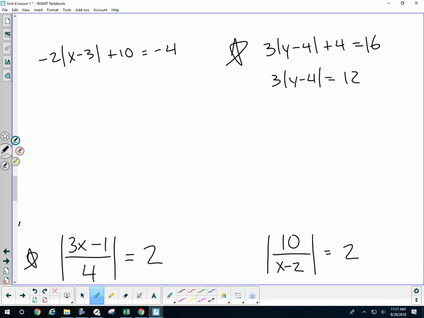Just isolate your absolute value. Think of this as a big ol' X. 3x plus 4 equals 16. Don't distribute, just get rid of everything else except for the absolute value. This is a key thing to remember.